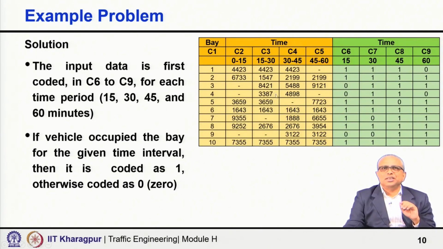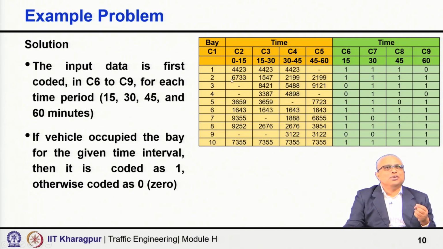So, let us extend it. You have C1, C2, C3, C4, C5, these are the columns which are given as input. Now, I am creating 4 more columns, C6, C7, C8 and C9. What I am saying is, I will put 1 if a vehicle is found in that parking bay. If there is no vehicle parked, then it is 0.